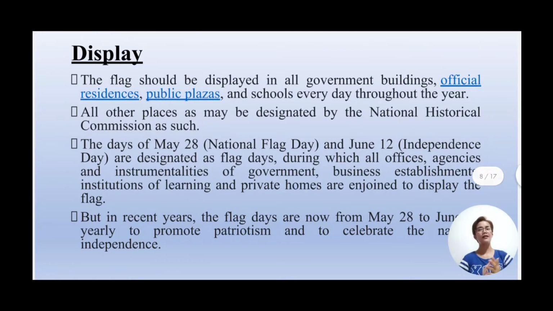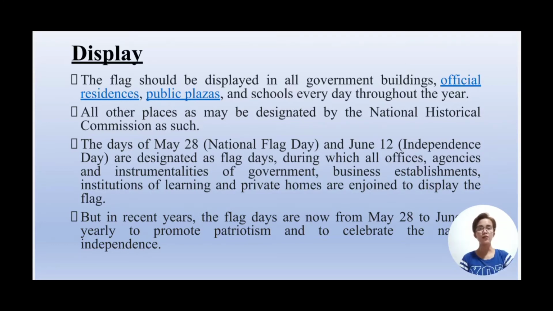So the display. The flag should be displayed in all government buildings, official residences, public plazas, and schools every day throughout the year. All other places as may be designated by the National Historical Commission as such.